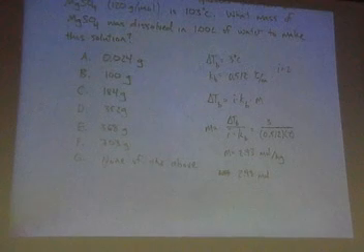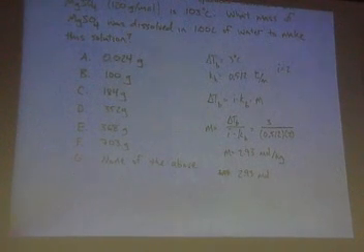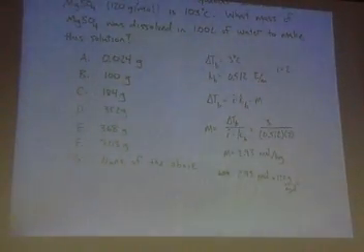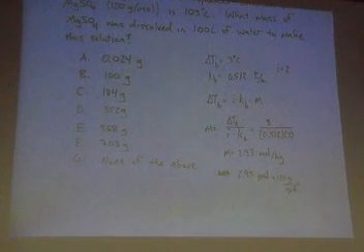We need to convert this into grams, and the molar mass is given to us as 120 grams per mole. So we take 2.93 times 120. Moles cancel, and we're finally left with 352.